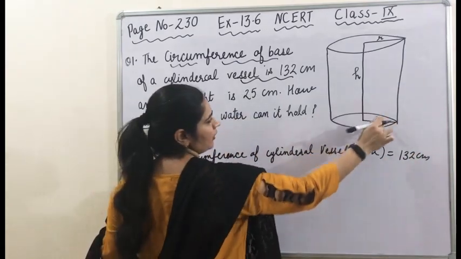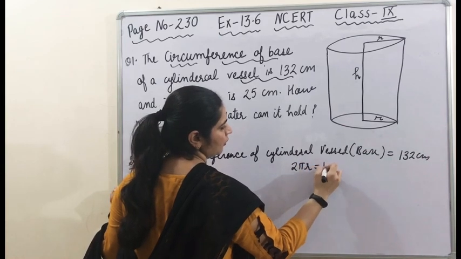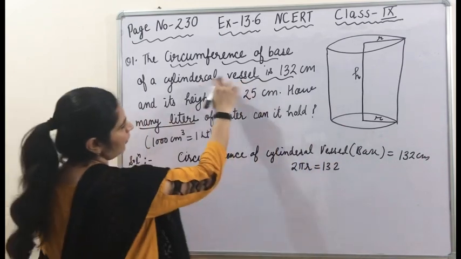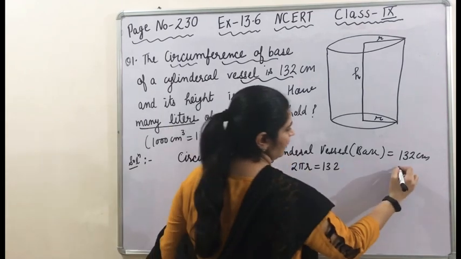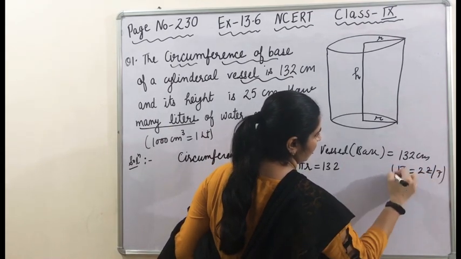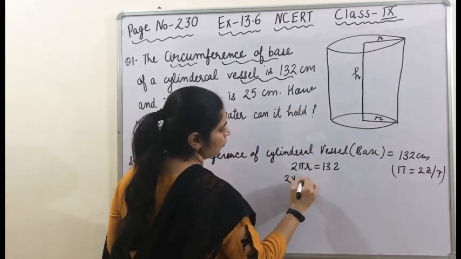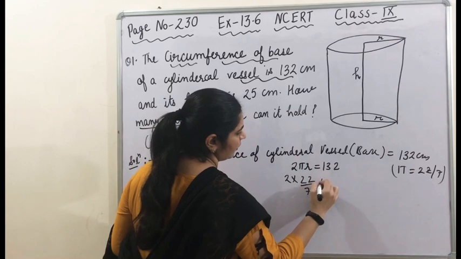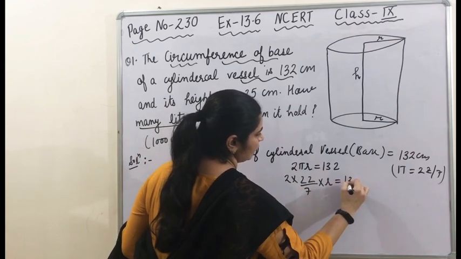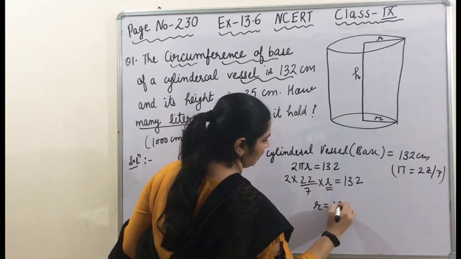Circumference of this circle is 2 pi r, which is equal to 132. When pi is not given, it's understood we have to take pi as 22 by 7. So we'll write here 22 by 7. 2 into 22 by 7 into r is equal to 132. R we have to find here.